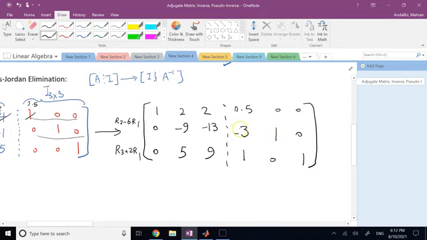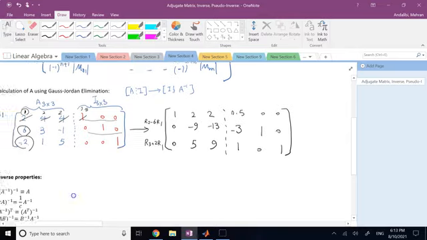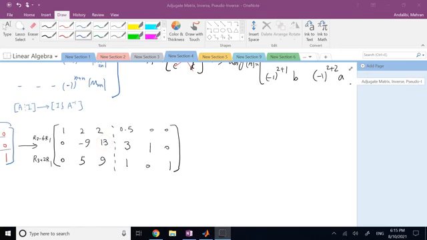This is 1, but that is negative 3. So row 2 minus 6 times row 1, correct? And then row 3 plus 2 times row 1. Yes.